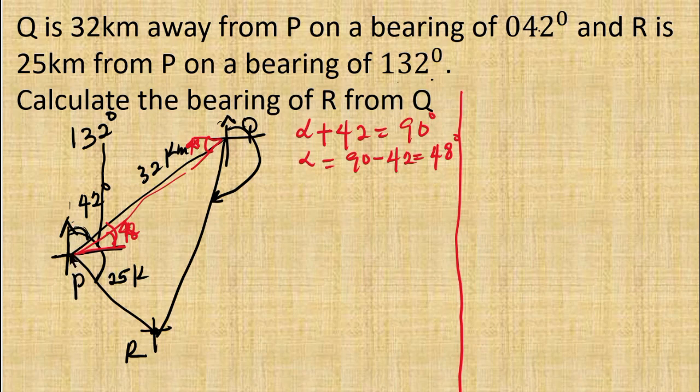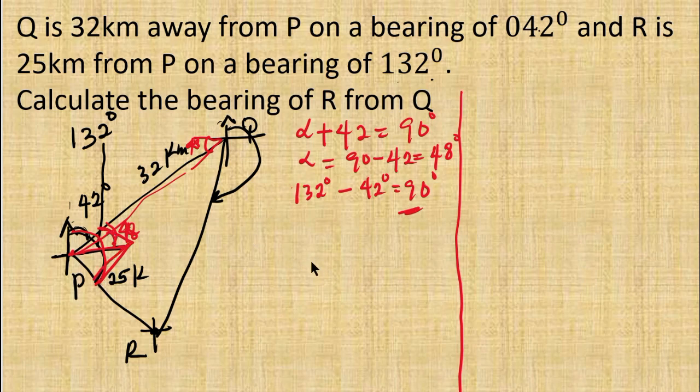And at this point P again, the whole of this angle here is 132 degrees. So the angle at P itself in here would be 132 degrees minus 42 degrees, which is equal to 90 degrees. So what I have here is 90 degrees.